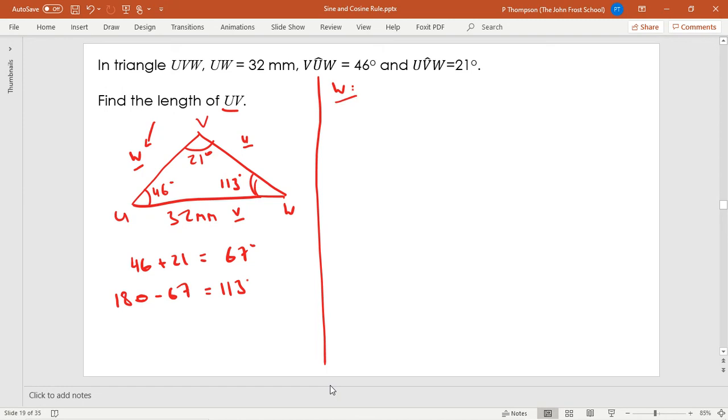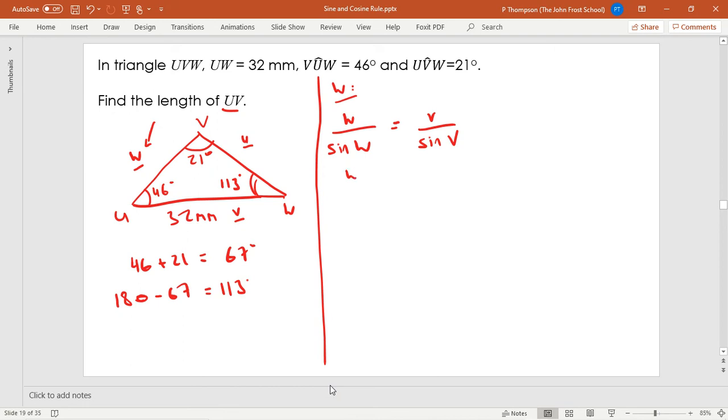And you can see now that actually working this angle out was valuable, because without it, I couldn't have used w over sine W, and my other pair, I'm going to have to use v over sine V, because I only know side v.